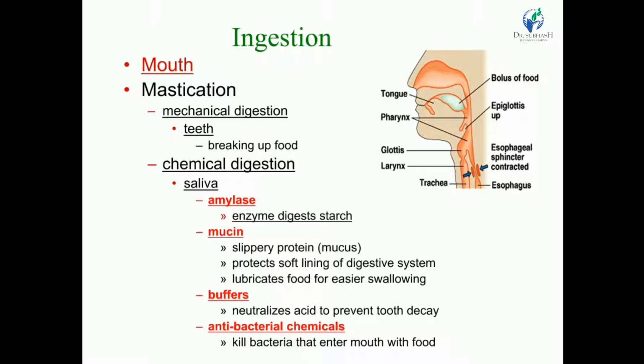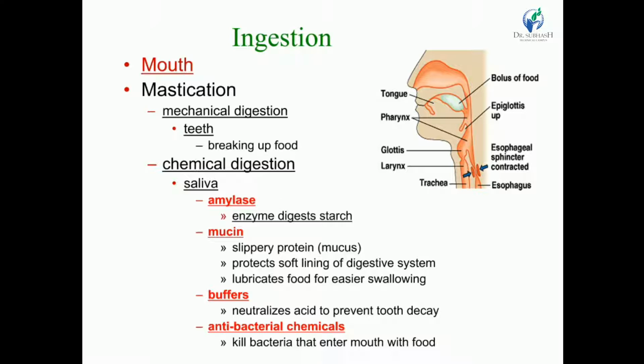Ingestion: first, what is ingestion and how does it start? It starts with the mouth, where mastication is performed. The oral cavity is the gateway or entry point for food material, and it opens externally through the upper and lower lips.